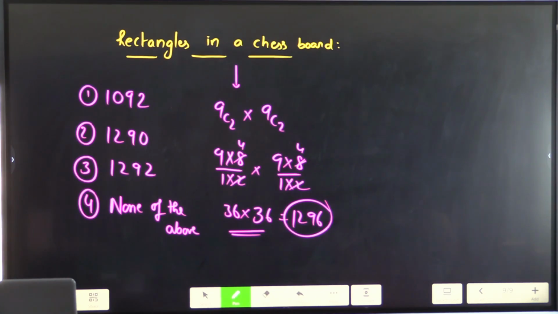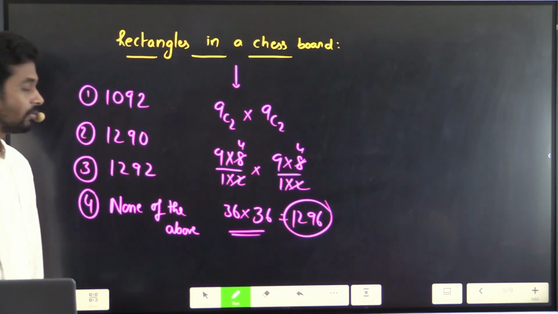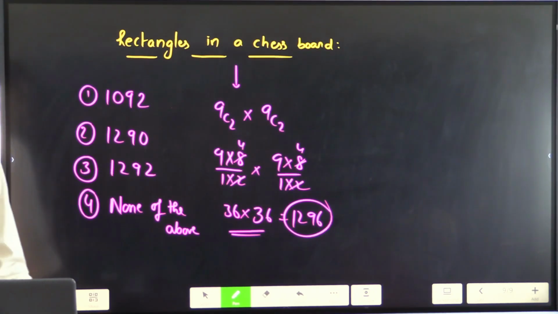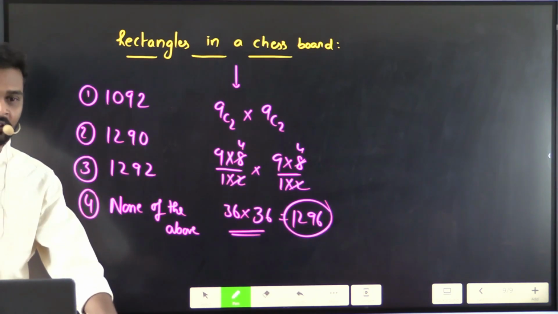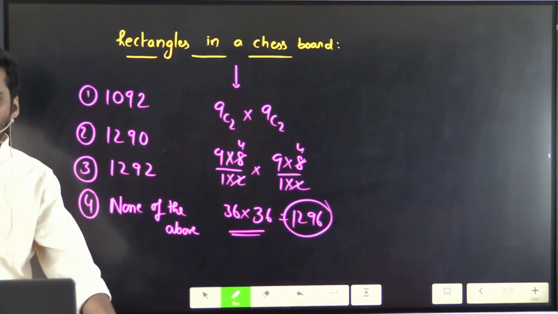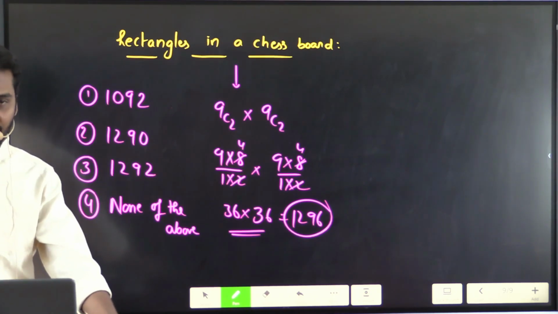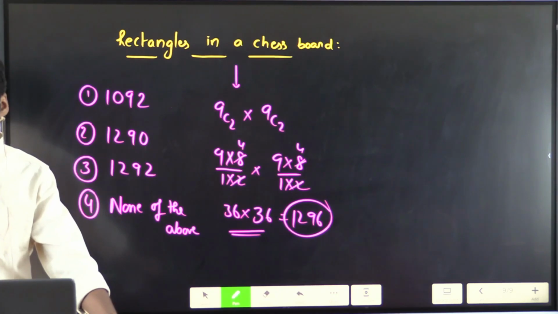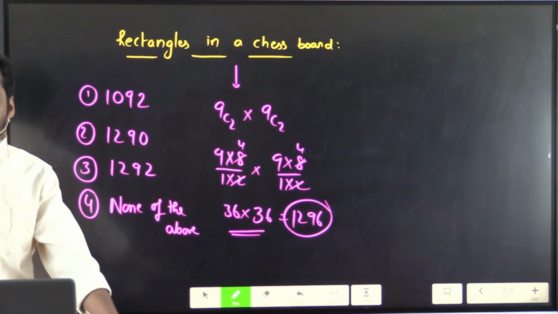Which one is the right answer? How many rectangles are there in a chessboard? I had given you options 1092, 1290, 1292, none of the above. You found the answer 1296, right? Based on these options, what is your answer?